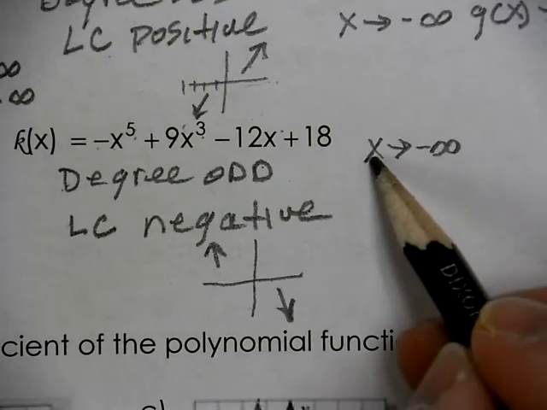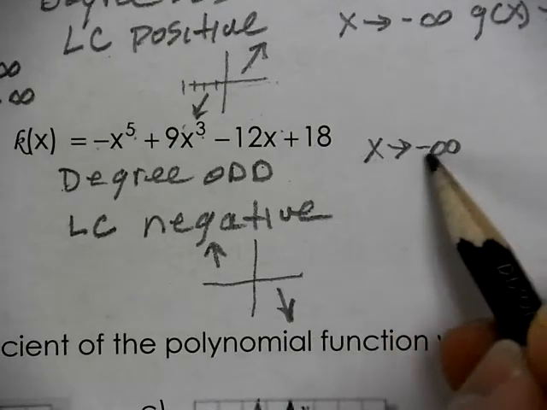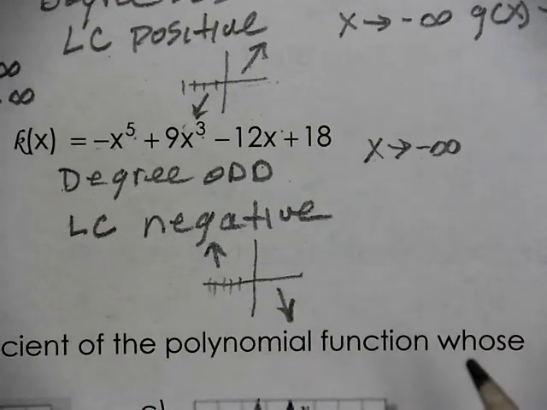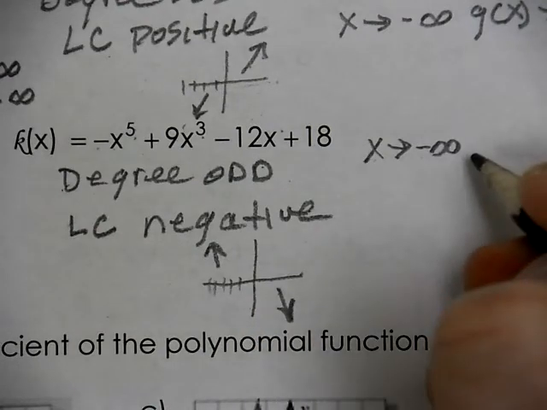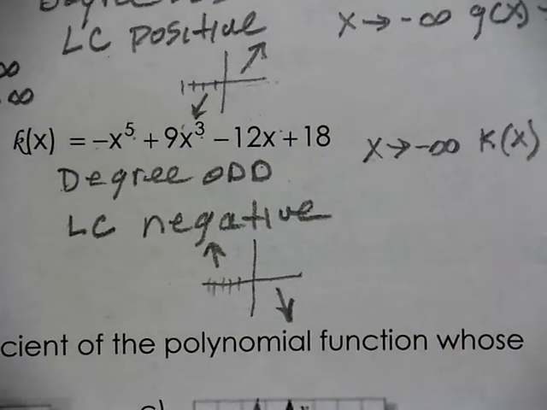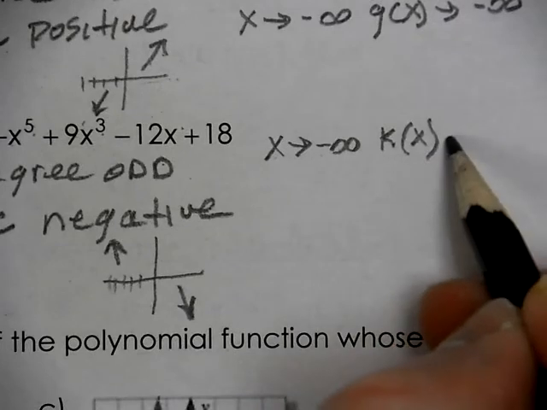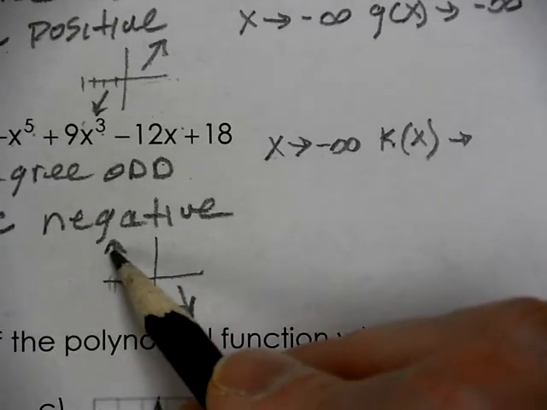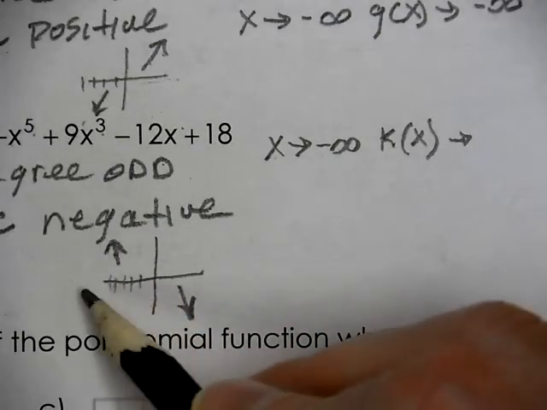So we look here, when we have x approaching negative infinity, that's moving to the left. We know that our function, this one is called k of x, it's going to approach positive. It's going upwards when we move to the left.